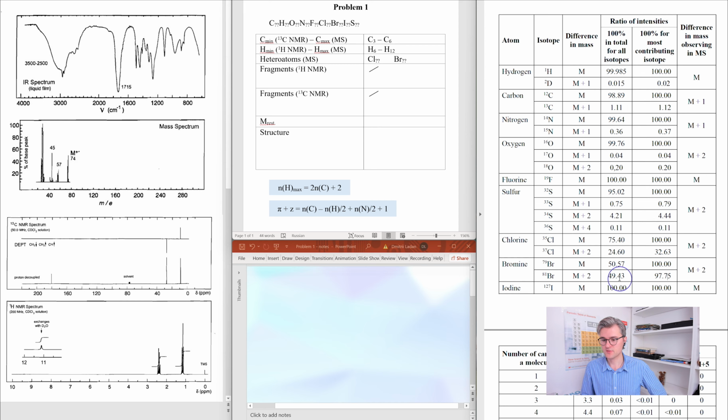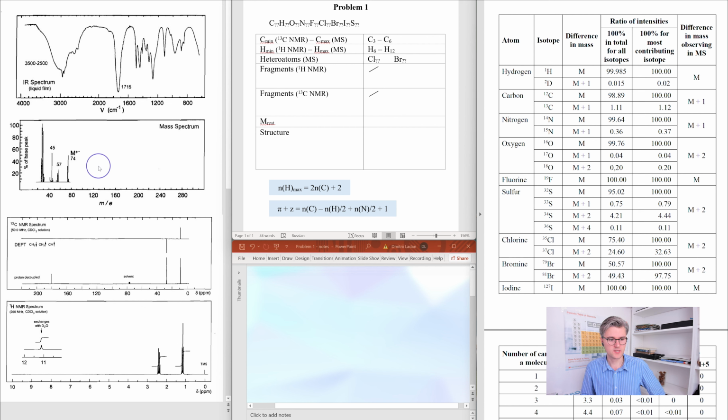As for bromine, it's even harder: it's about half 79 and half 81, which is actually very significant. And of course we don't have bromine because our molecular ion mass is 74, and bromine is heavier. But we may have chlorine.